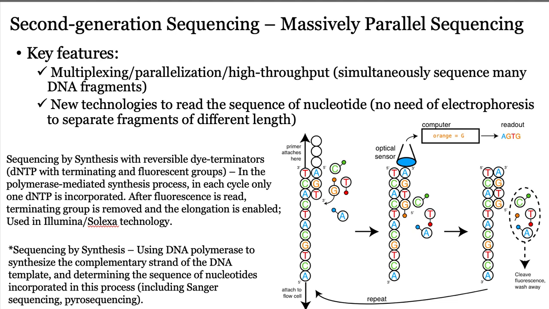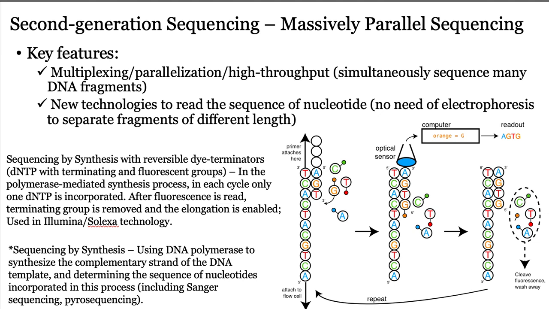We use DNA polymerase and try to incorporate dNTP to synthesize a complementary strand, and in that process, we read which nucleotide is incorporated. That's called sequencing by synthesis. And remember that Sanger sequencing is also sequencing by synthesis. Pyrosequencing is the same. Here, they emphasize sequencing by synthesis because they are in comparison with another technology I'm going to mention later.